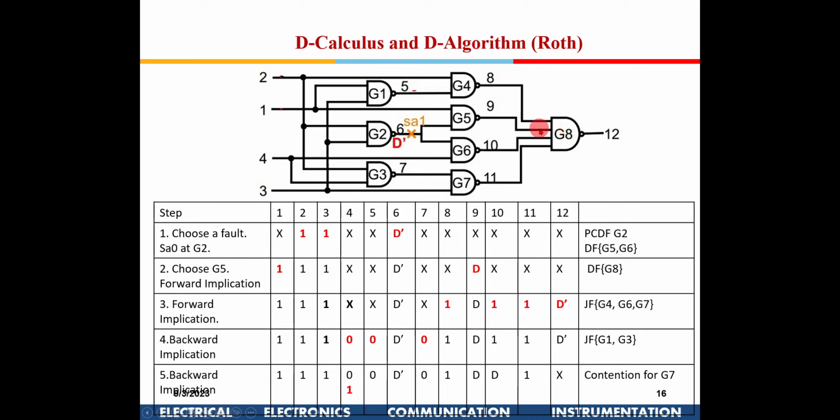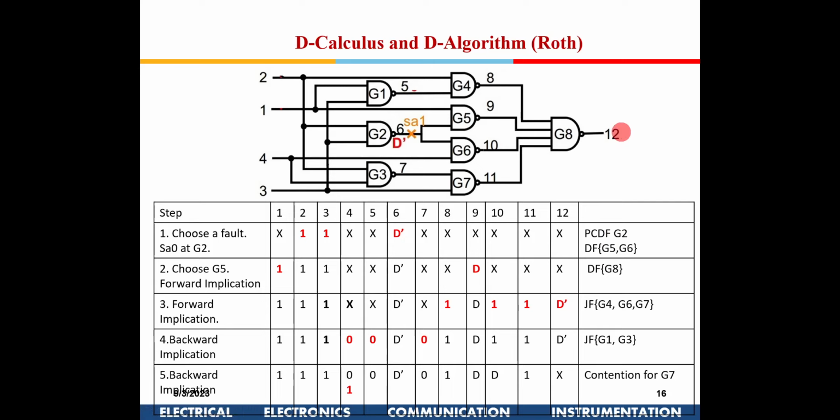Now I have D here and I have to get it outside, so I need to put 8, 10 and 11 as 1. So I get a D bar here.